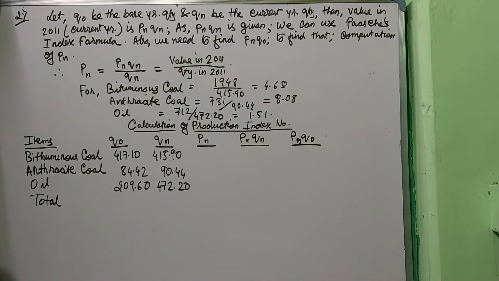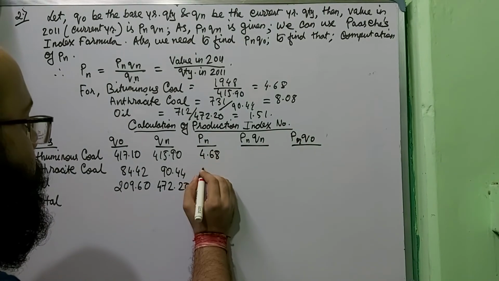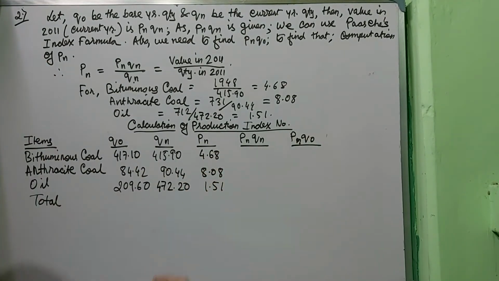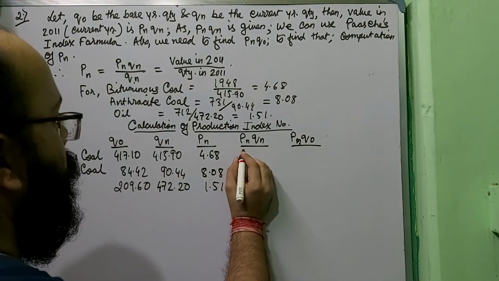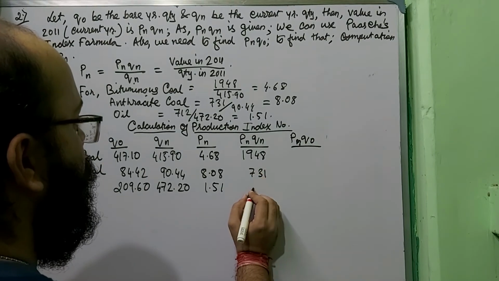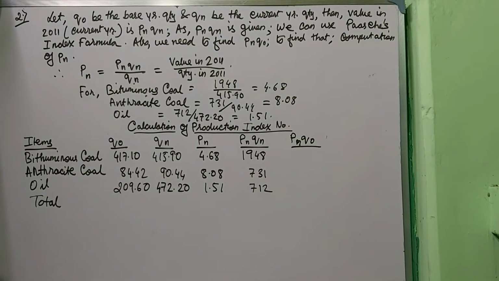Pn we have already computed 4.68, 8.08 and 1.51. PnQn has been provided 1948, 731 and 712. Right? Now PnQ0 we need to find.